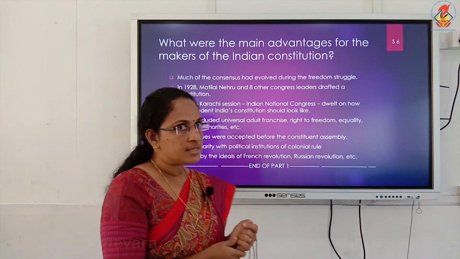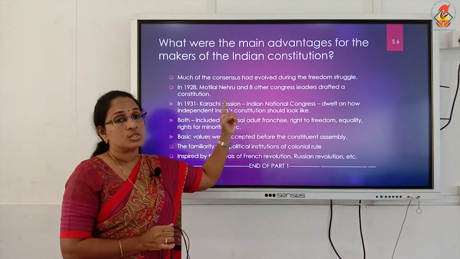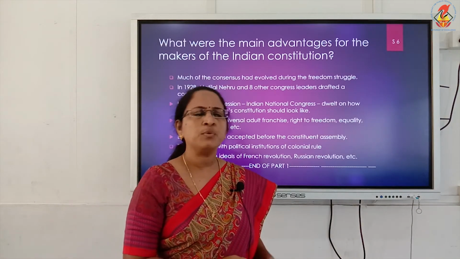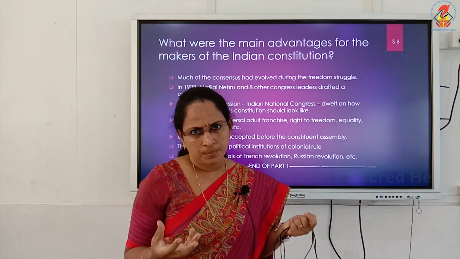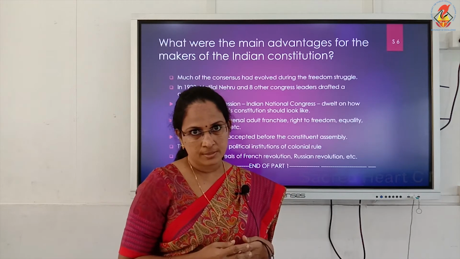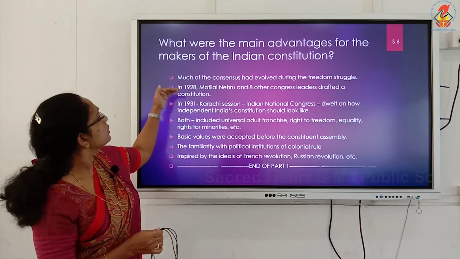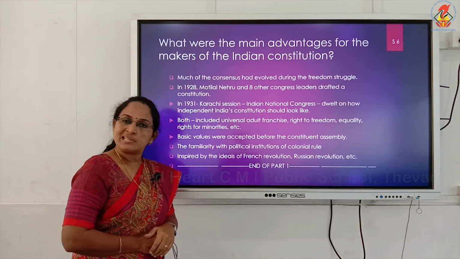So, what we have discussed, what were the advantages for the makers of the Indian Constitution? What were the advantages they got at the time of independence? Much of the consensus had evolved during the freedom struggle itself.